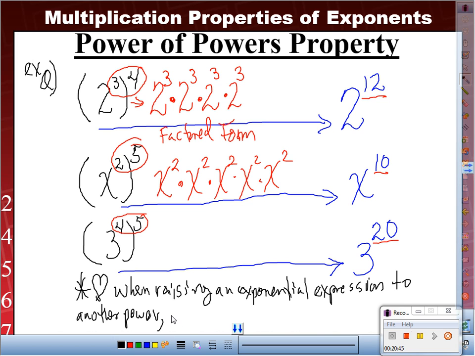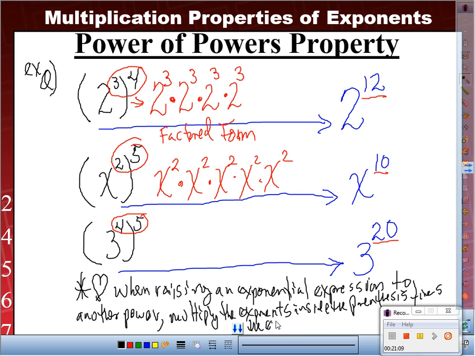Multiply the exponents inside the parenthesis times, let's see if it fits, yeah, right here, the exponents inside.